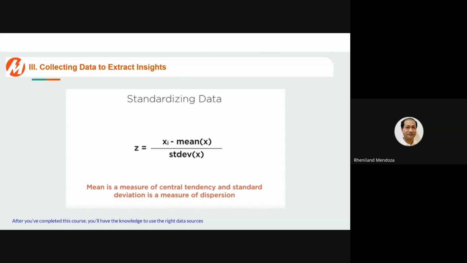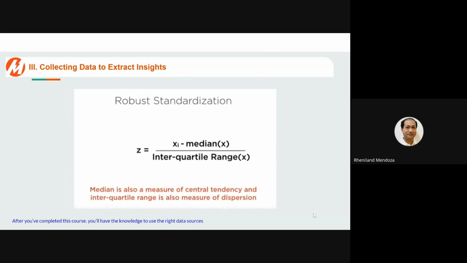The mean value of a data set tends to be very sensitive to the presence of outlier data, which is why if you want a more robust way to standardize your data, you'd use robust standardization. This uses an alternative measure of central tendency that is robust in the presence of outliers, the median, and the interquartile range as a measure of dispersion.